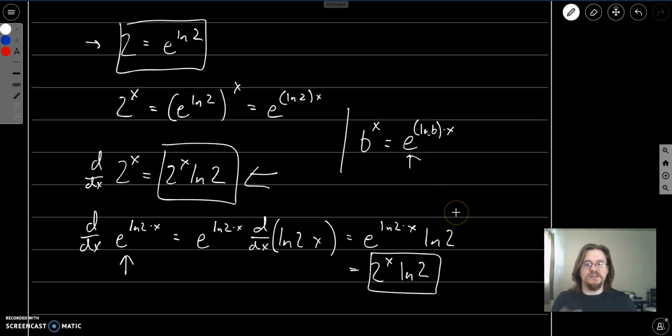And base e exponentials are often a lot easier to deal with. So ultimately, if you're stuck and we can't simplify something with base b, we can always turn it into base e, and it may be easier to simplify. This is not strictly necessary for the homework that we're doing right now, but it's just something to keep in the back of your mind. All exponentials are exponentials base e after a little bit of work.